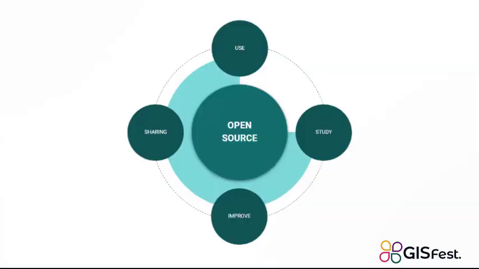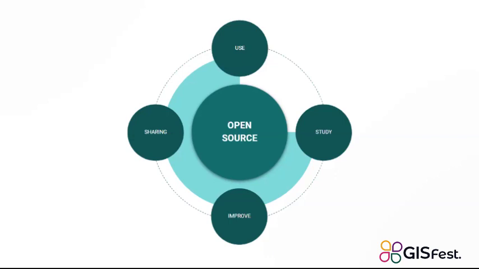We thought about tools that would be easy to use, to study, to improve, and to share. Comparing open source and proprietary software, we decided to choose open source because it is easy to study.